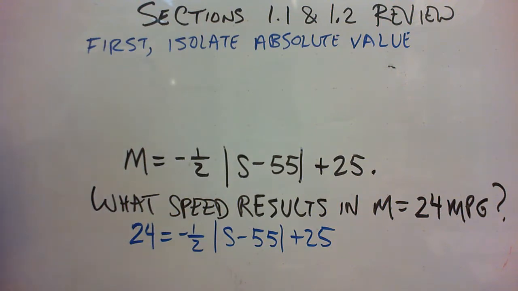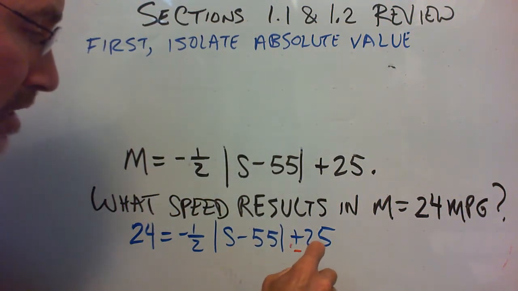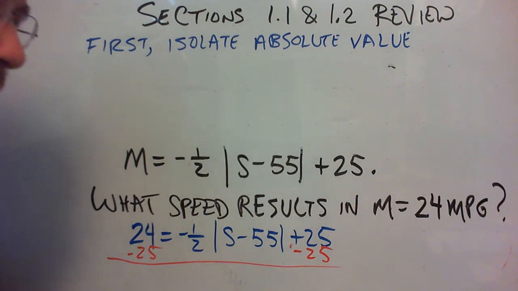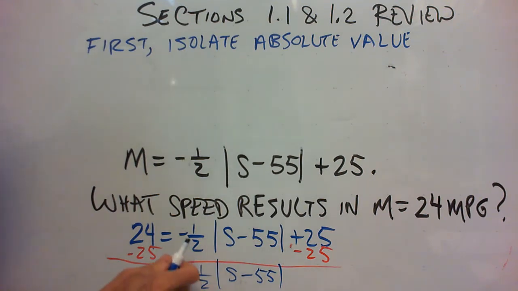So to do that, we're going to subtract 25 from both sides, which would give us -1 equals -1/2 times the absolute value of s minus 55. Then multiply both sides by -2.